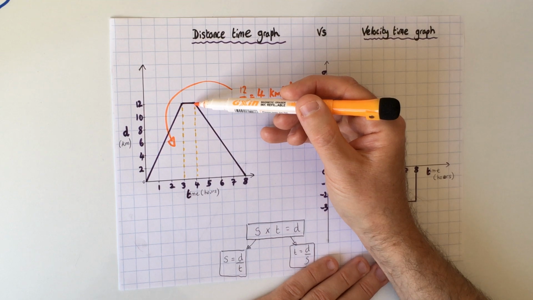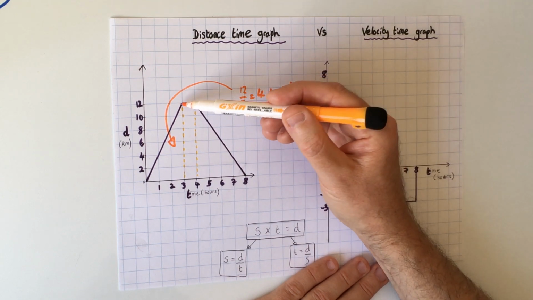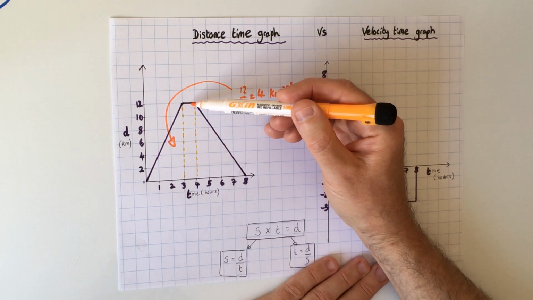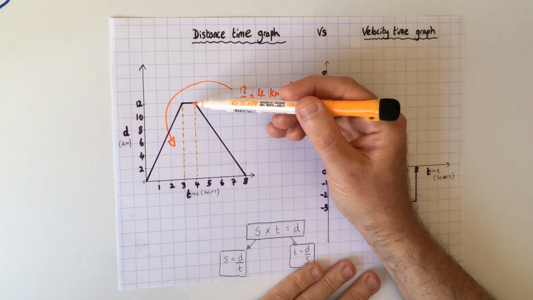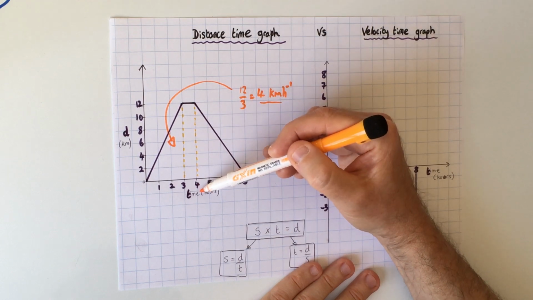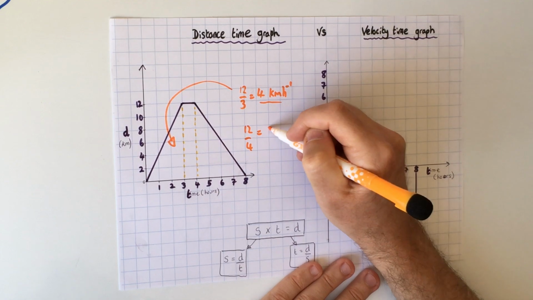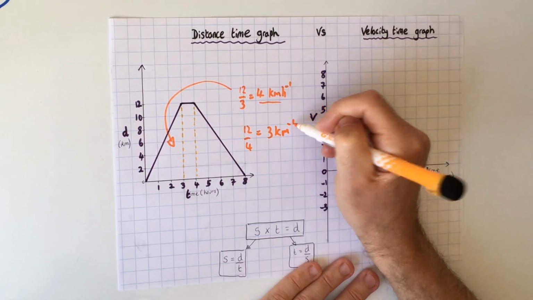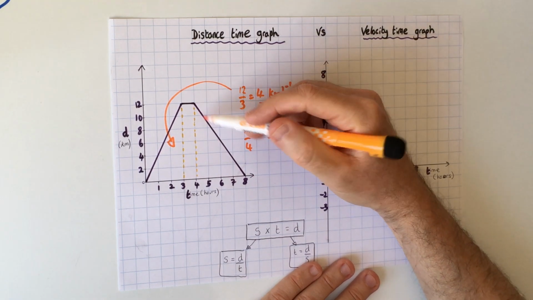They do nothing for an hour. They just sit in the park, so they don't travel any further away. So this is a zero velocity. And then they walk back, and again they walk back 12 kilometers over 4, so 12 divided by 4 this time is 3 kilometers per hour, but it's 3 kilometers in the opposite direction.